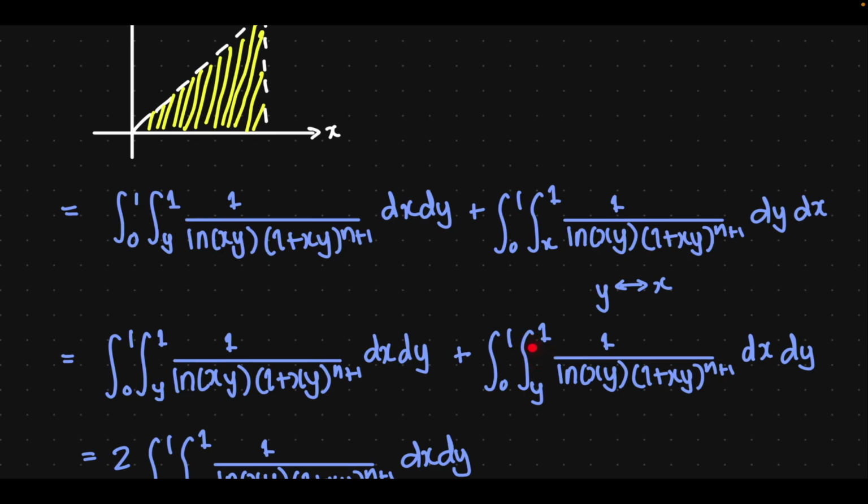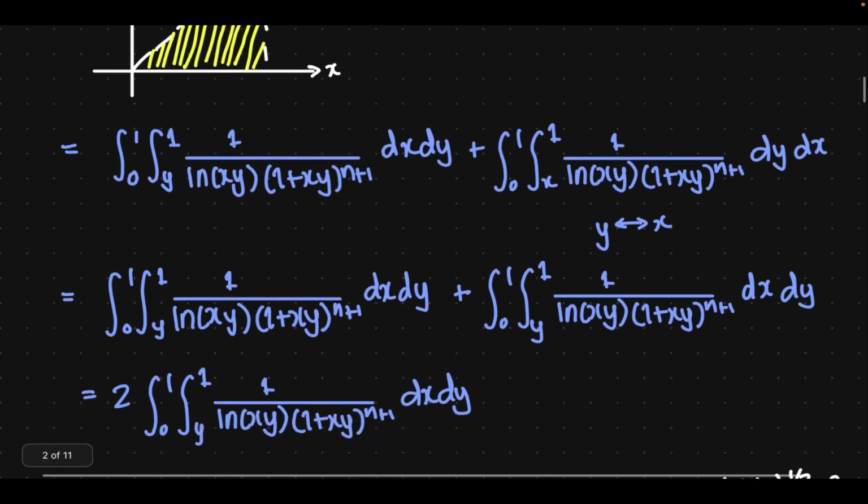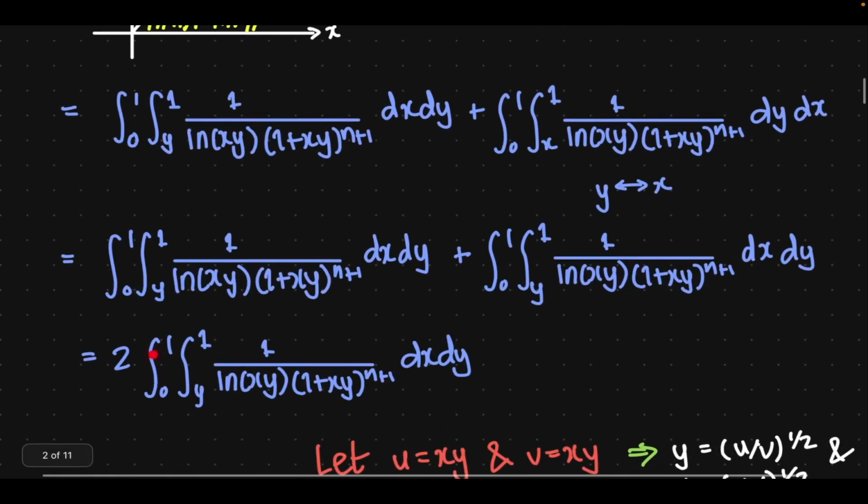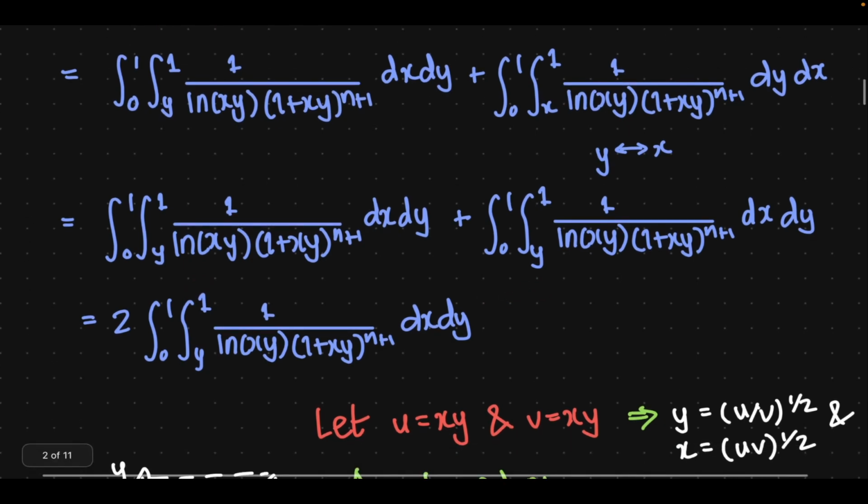Now the main thing to note is that the integrand is symmetric with respect to this kind of change, and that's what helps us throughout the problem, this symmetry of x and y in the integrand. So with that, I'm keeping the first integral as it is. We have twice the integral from 0 to 1 and y to 1 dx dy of the integrand.